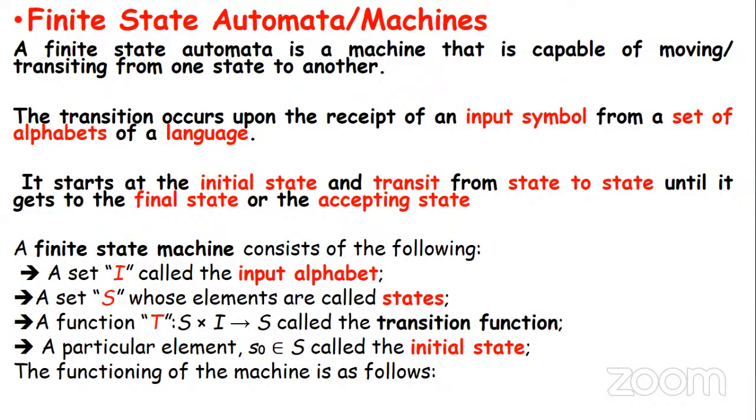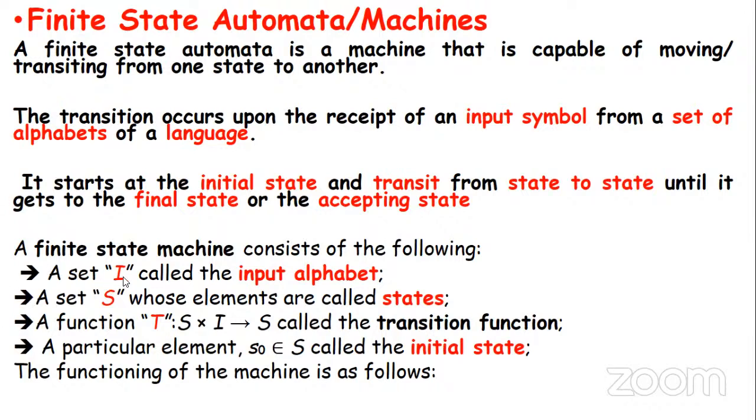The only thing is that you have to define it formally. Last week, we were looking at D as the transition and Q naught as the initial state. But here, we have a different set of variables.